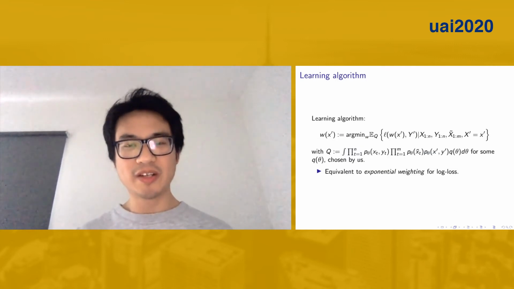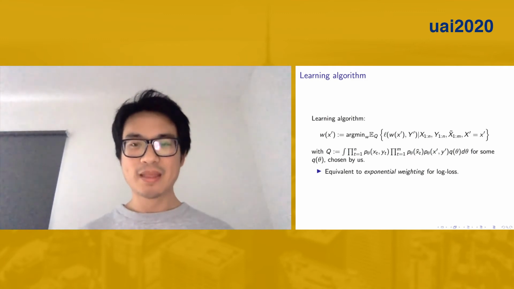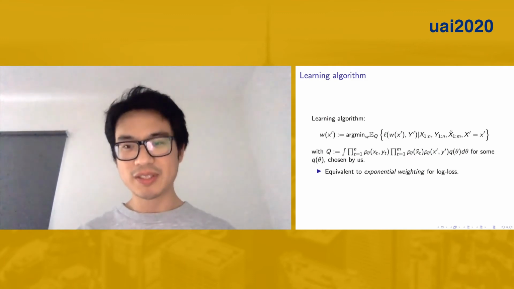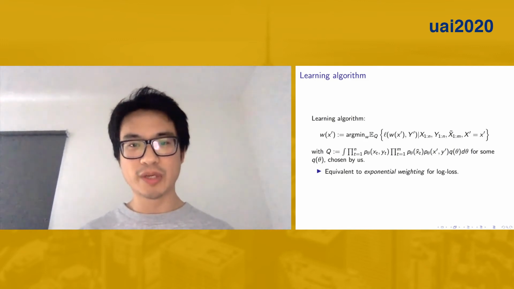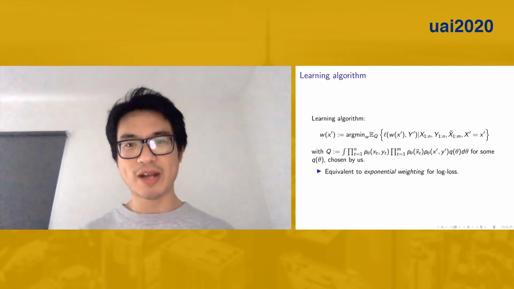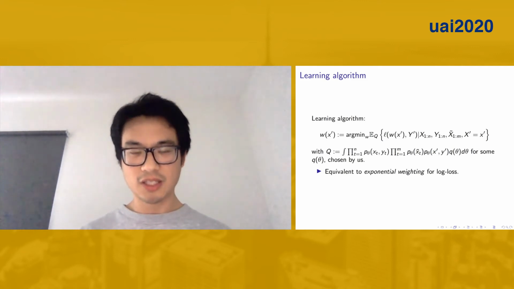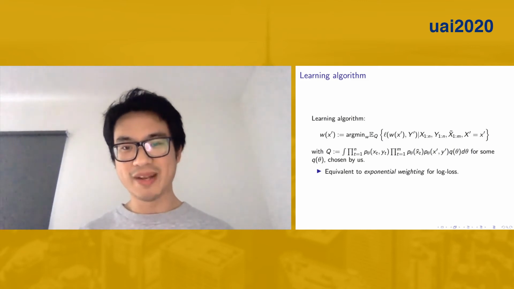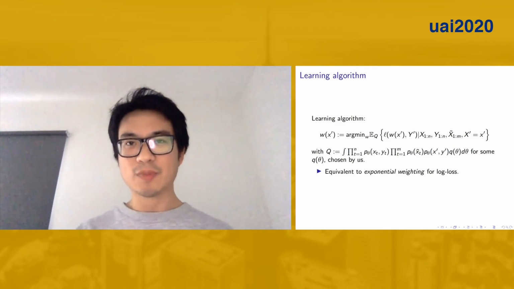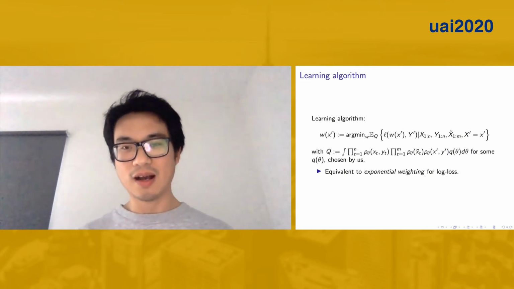I would like to talk about the learning algorithm used in this paper. Instead of using a classical ERM algorithm, we use what we call a mixture strategy. I'm not going into the details of this, just to mention that for log loss, this is actually equivalent to the exponential weighting method commonly used in online learning.